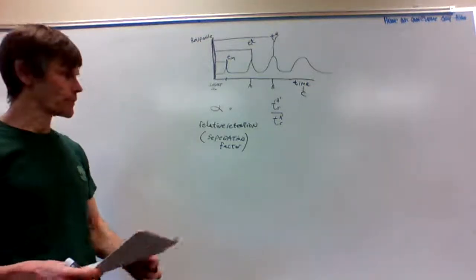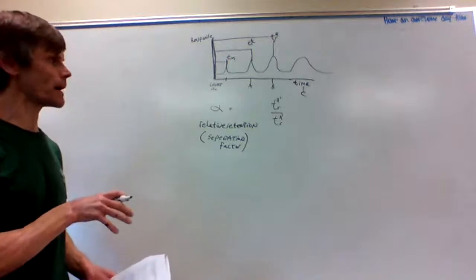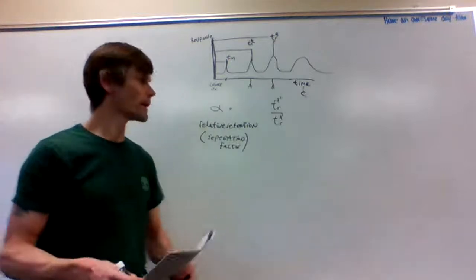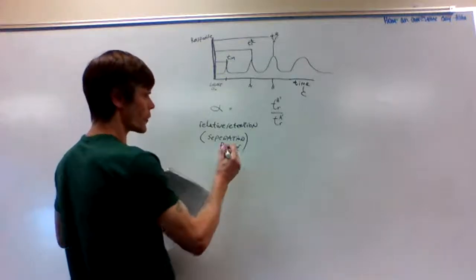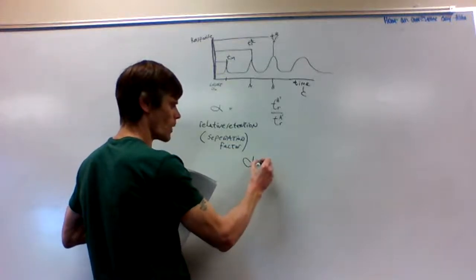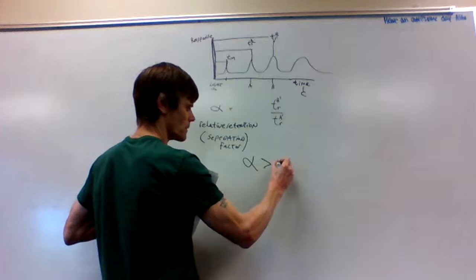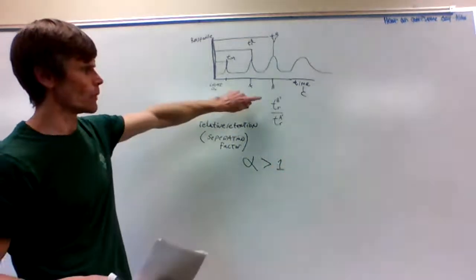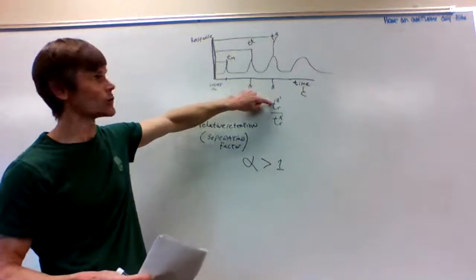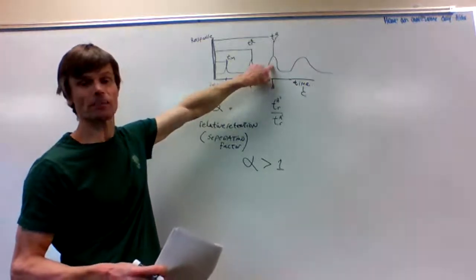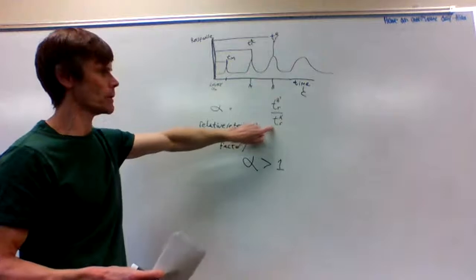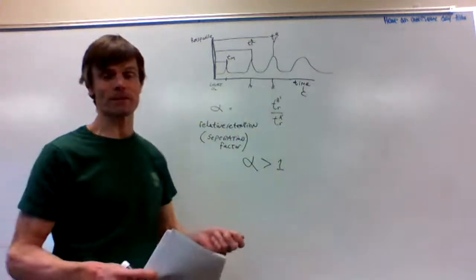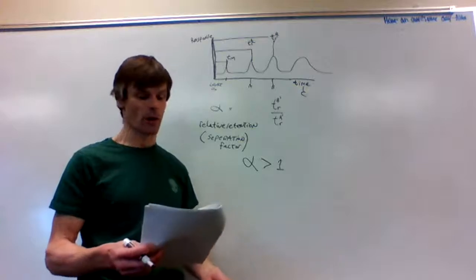Now, this tells us something about the separation of the two components, this ratio. Now, this ratio is always going to be greater than 1, because by convention, we take the adjusted retention time for a species that spends more time on a column over the adjusted retention time for a species that spends less time on the column.